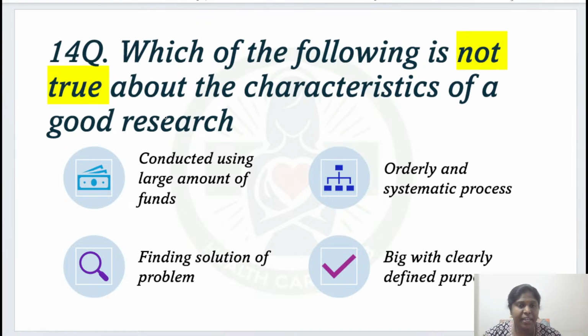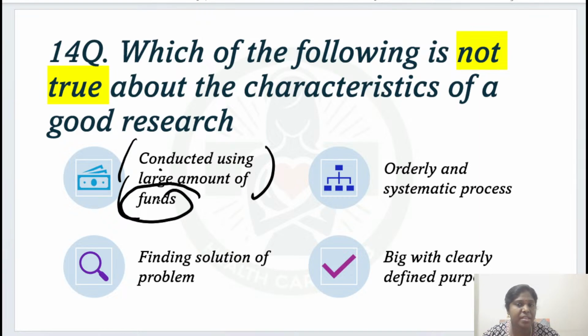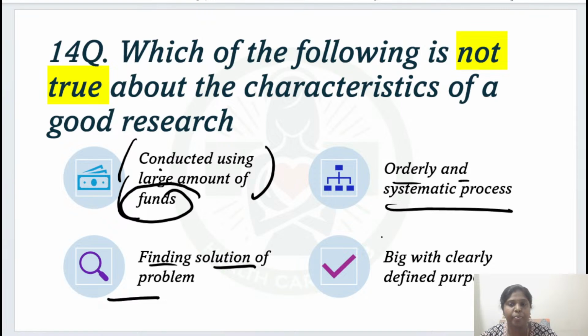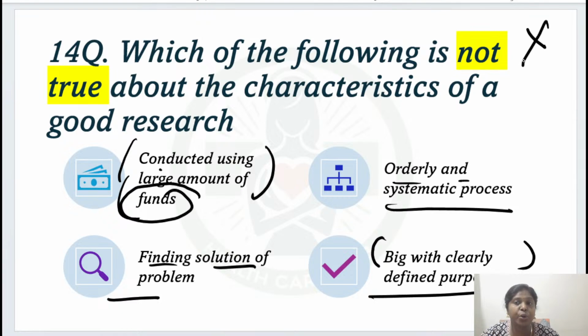Whether conducting using large amount of funds, so we have to conduct the particular research by collecting large amount of funds, or orderly and systematic process, or finding solution of the problem, or being with clearly defined purposes. Here our question is about not true. Which one? So 14th one.